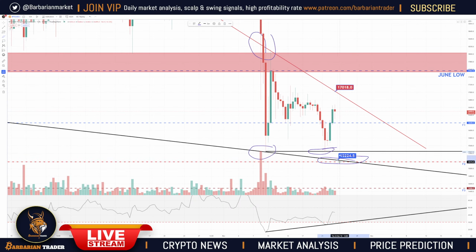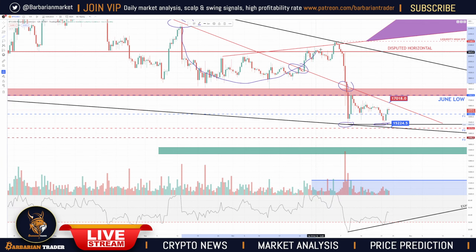It depends on when it makes contact with this one, because it is possible to see some choppiness, probably not testing this as resistance, coming and testing this as support, and only then probably bouncing. This diagonal of resistance was pretty disputed in the past: break, test again, fail as support.